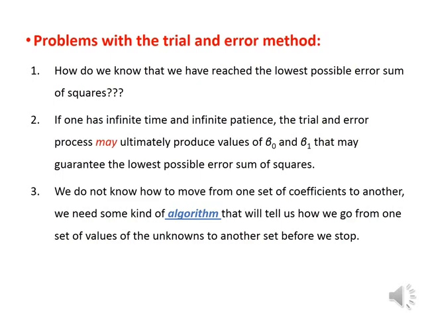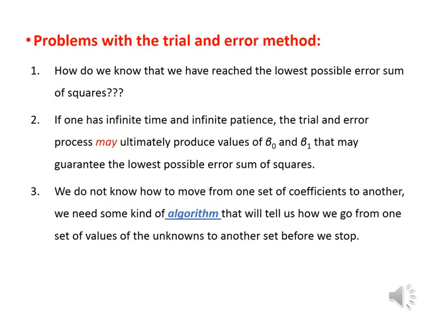You may try 100 values, 1,000 values, 2,000 values, but still the 2001st might give you the best solution. So there is no guarantee that these values will give you the lowest or the best value. And of course, it's very time consuming.